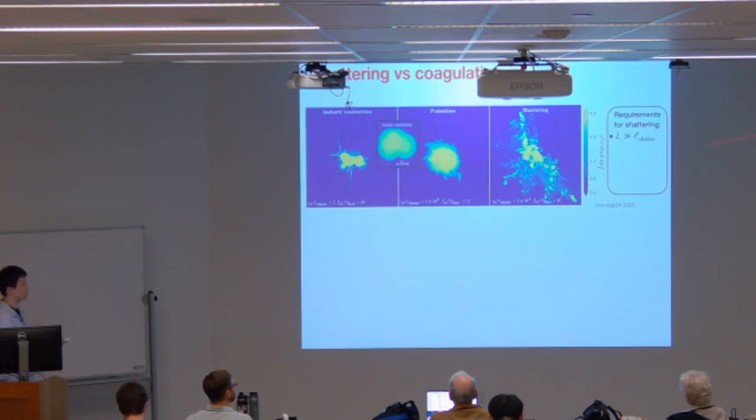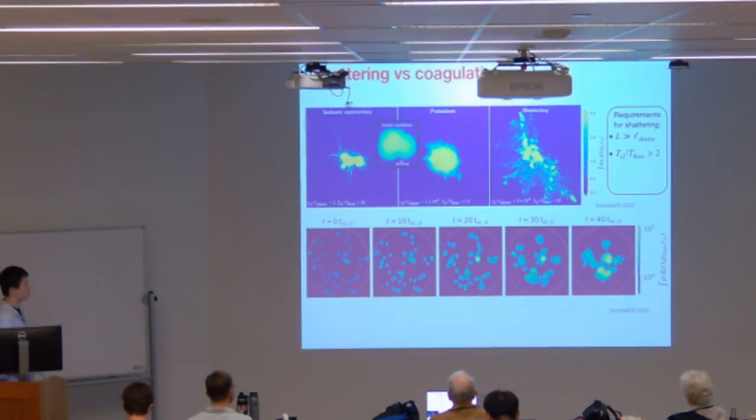One is the size to be much larger than the cooling length scale, and the other is the initial cloud temperature to be at least 2 times the temperature floor. Moreover, they found that even if the cloud shatters in the beginning, it quickly coagulates or merges in some crossing time scale.